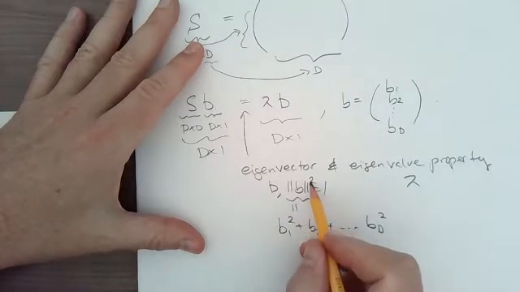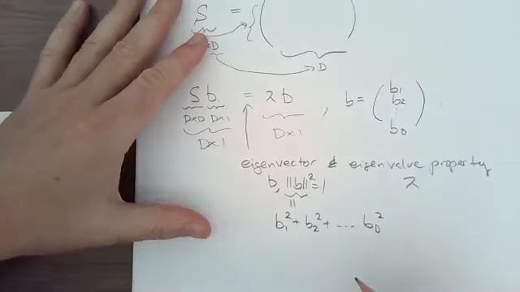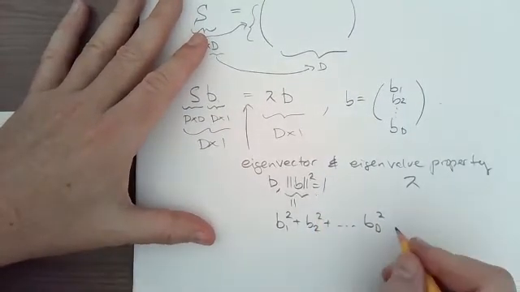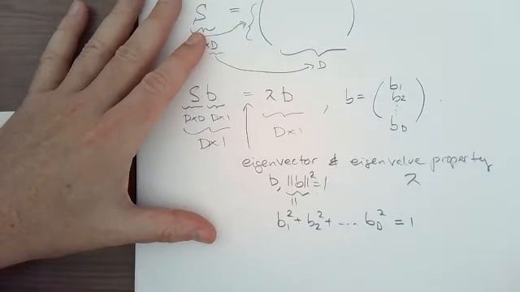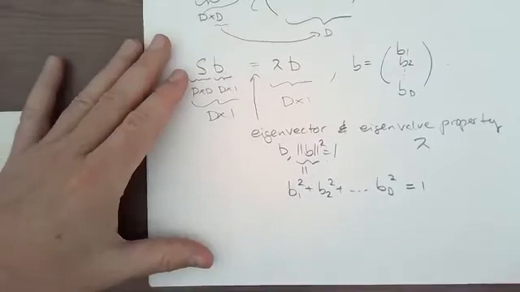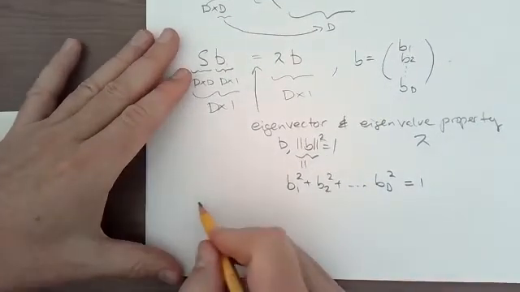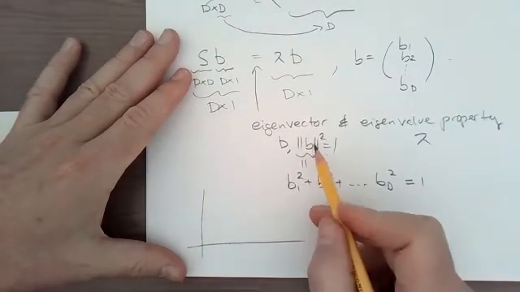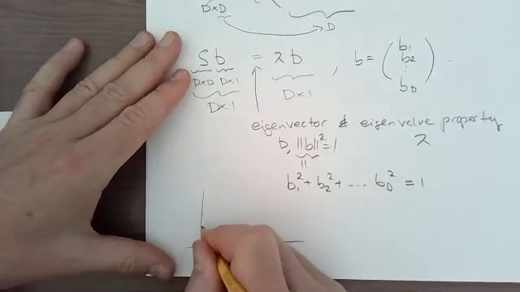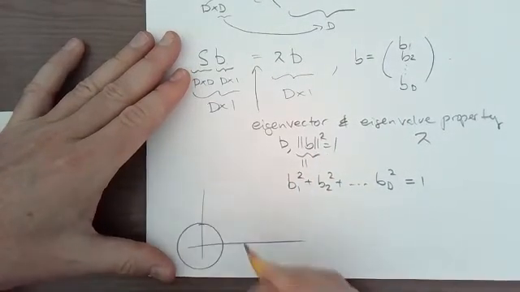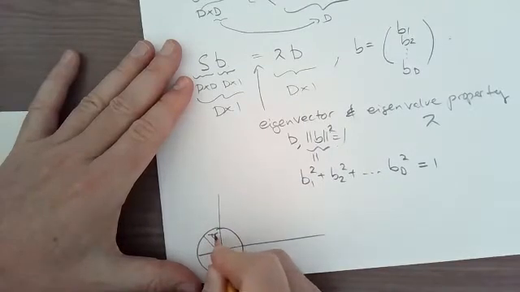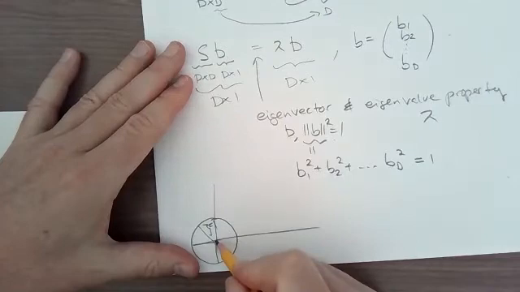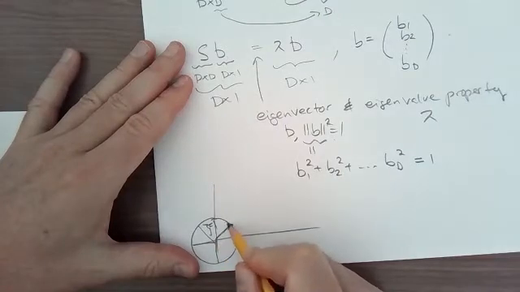If I want the norm, I have to take the square root, which is why I put the square root here. So I want this to be equal to 1. This is just a normalization. In R2, if I have a vector b, I'm just restricting it to be on the unit circle of length 1, so I'm taking something that points out like that.